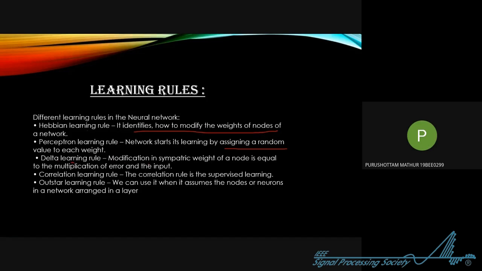Delta learning rule. Modification in synaptic weights of a node is equal to the multiplication of the error and the input. So it's something like some error value is there, error minus x, the whole thing is there.